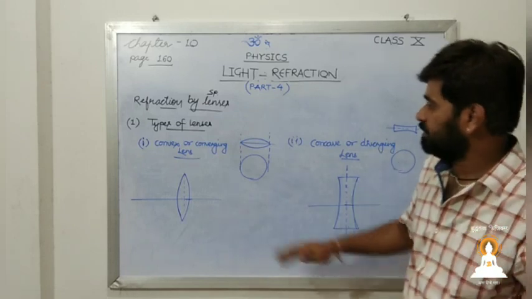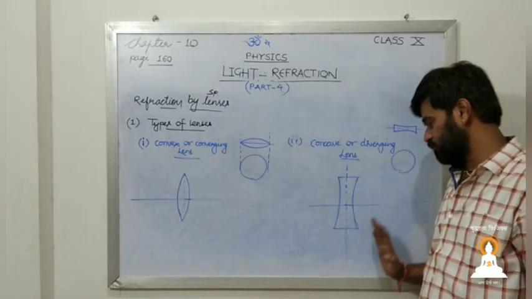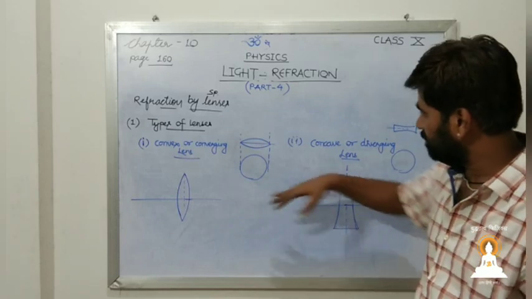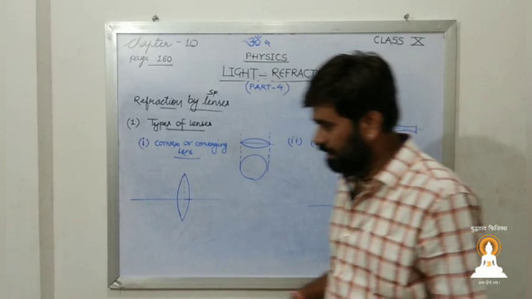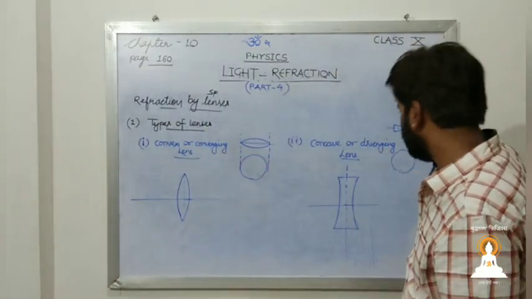Now this is known as a converging lens too, and this is known as a diverging lens too. Why are they like this, why is it converging, why is it diverging? So let us begin with an activity in your NCERT book, activity number 10.11.